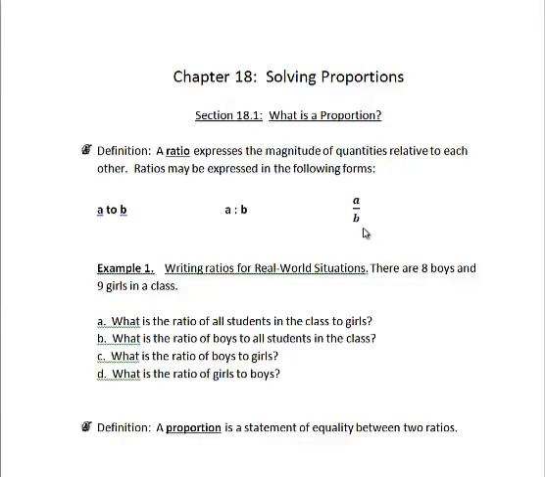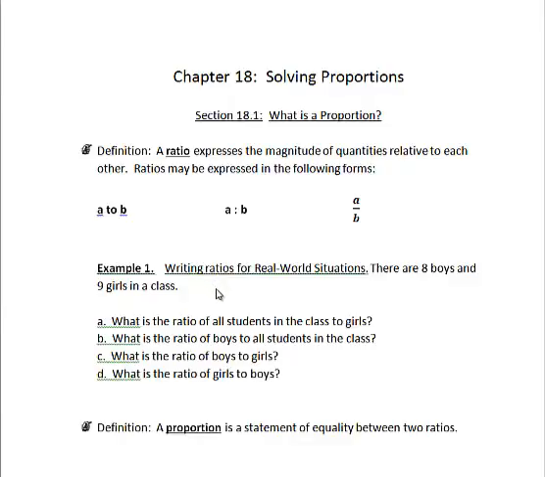In this case, we're relating a quantity A to a quantity B. We usually see those written as fractions, but there are also other ways to write them, such as A to B or A colon B. Notice if it's written as A to B or A colon B, then A would go on top and B would go on the bottom if the ratio was expressed as a fraction.